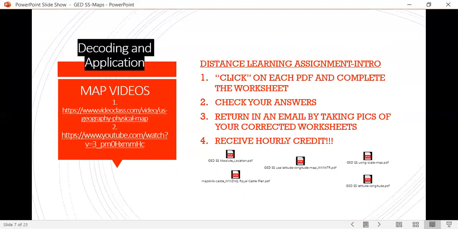You can either do this online by sending in your answers separately, or print it off, fill it out, and check your answers with the answer key that's attached to it. Then take a picture of your work, or if you're doing this online, just send me a copy of what you've corrected and your work, and you can get homework credit for it.